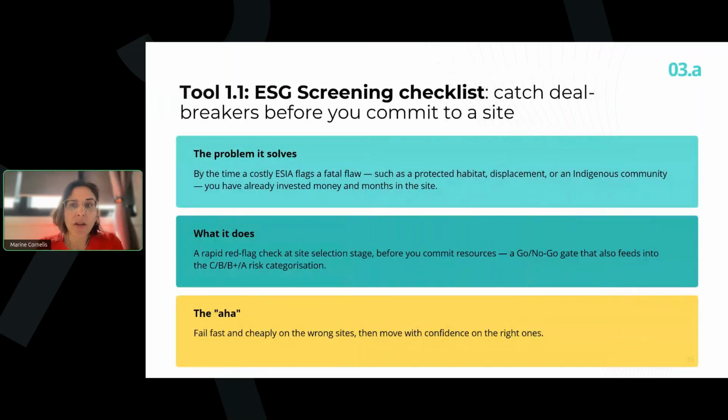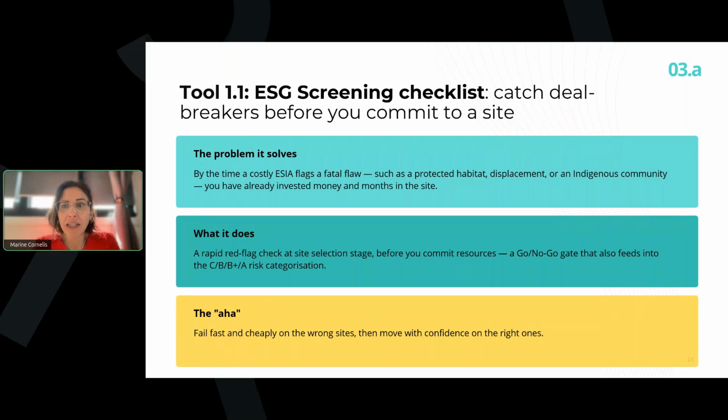So let's start with the screening checklist, because it's the first thing you'll use and probably the cheapest to get right. Here's the problem it solves. Normally, the moment you discover a fatal flaw within a site, whether it's a protected habitat or people who've been displaced or an indigenous community, is when the full impact studies come back.